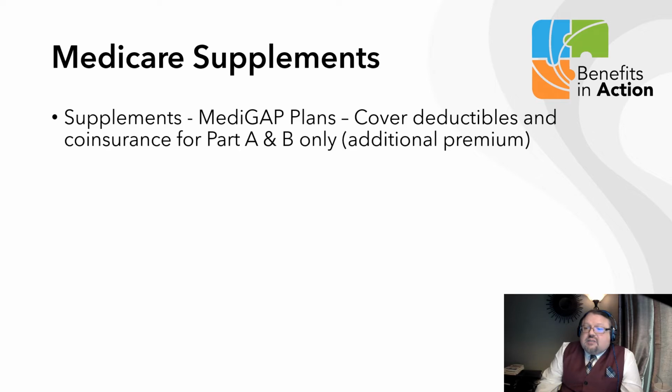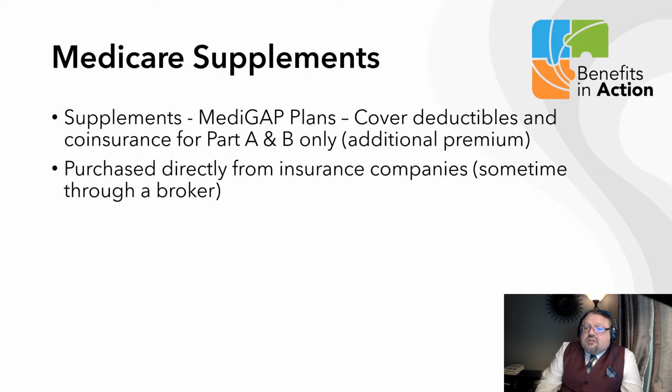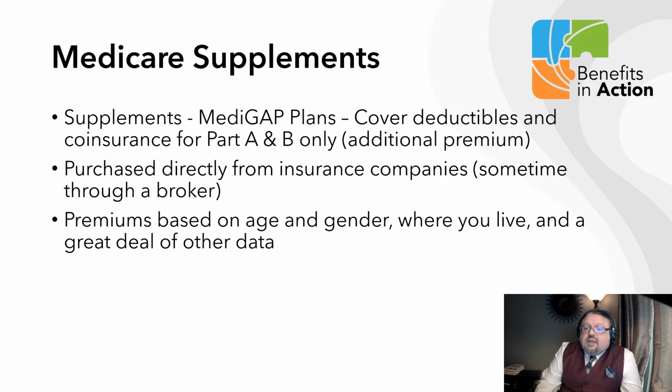Medicare supplements can be purchased directly from the insurance company or sometimes through a broker. The premiums are based on age and gender and where you live and a great deal of other data, and are broken down into 3 different rating types. There's attained age, issued age, and community rated plans.